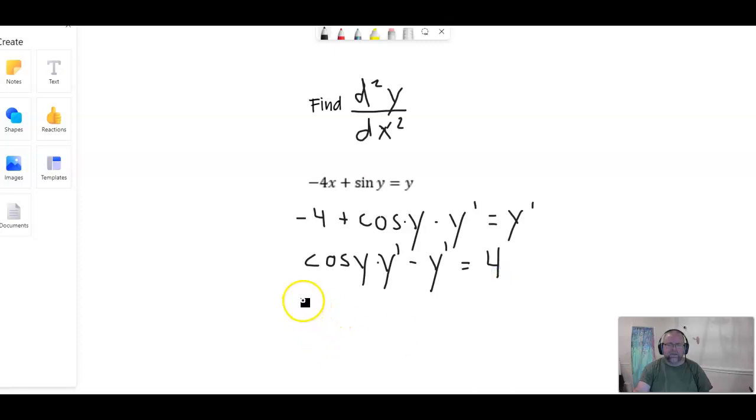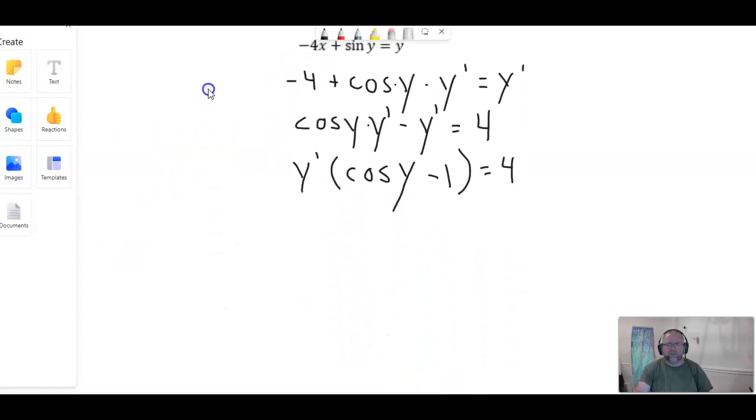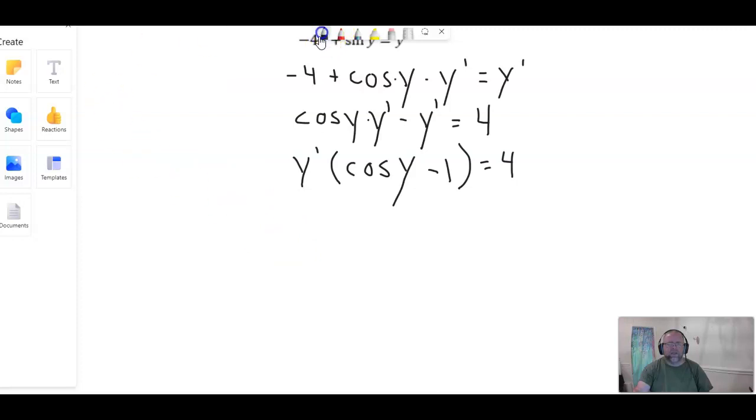And then we factor out the y prime, and we're going to get y prime times the cosine of y minus 1 is equal to 4. And finally, we're going to get that y prime is equal to 4 over the cosine of y minus 1.